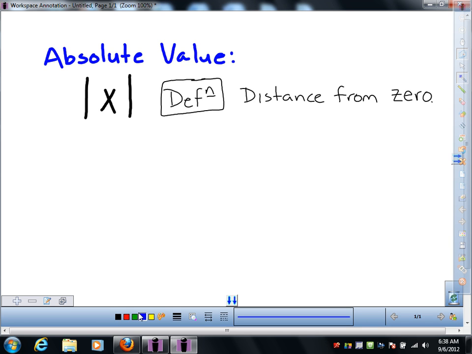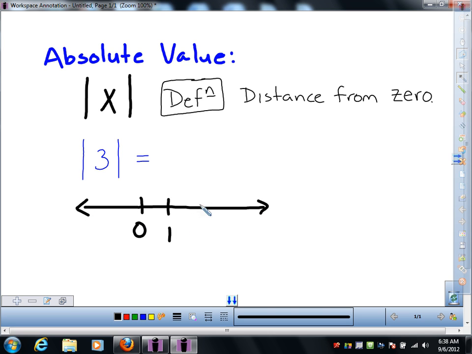We'll say, okay, well, how would I find the absolute value of 3? Well, we know this, that if I write this as a number line, and I set this up this way, make my line a little bit bigger for us, and here's where 0 is, and if I mark out where the number 3 is, notice that 3 is 3 units to the right.